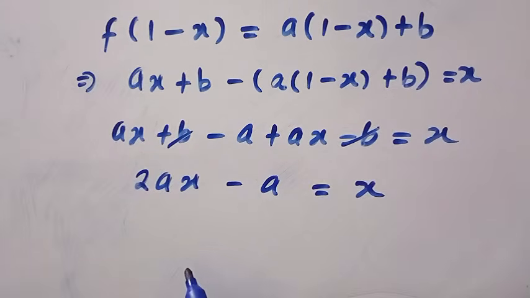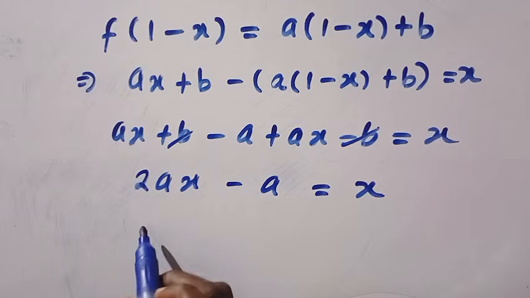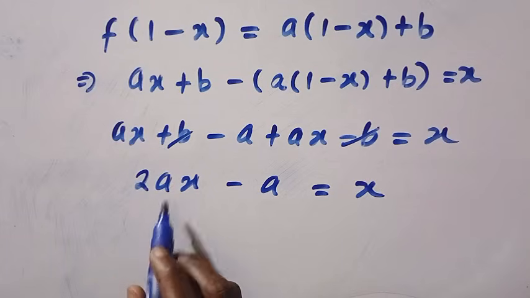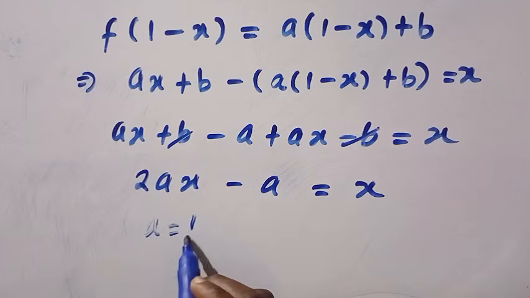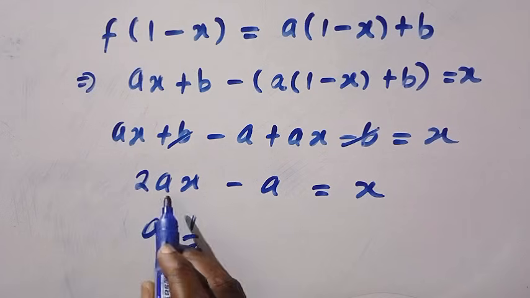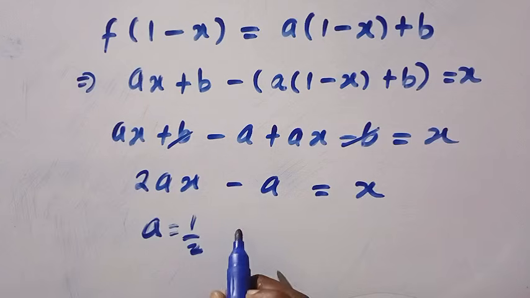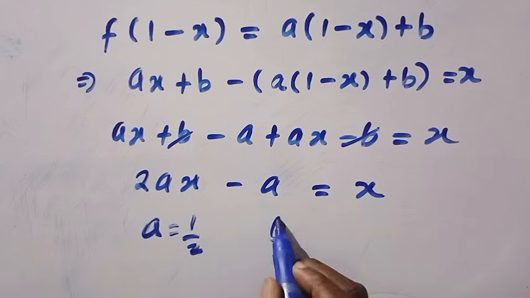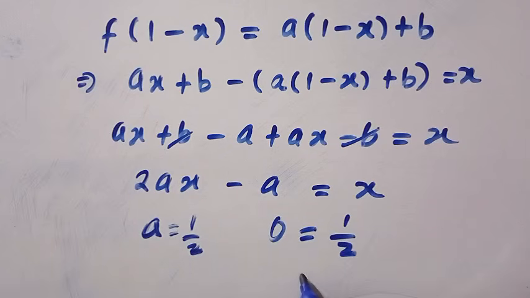By comparing the coefficients, the value of a must equal 1 divided by 2. And if a equals 1 over 2, this totally contradicts, because substituting the value of a, we get 0 equals 1 divided by 2, which can never be equal. This contradicts, so based on this assumption the function is not linear.